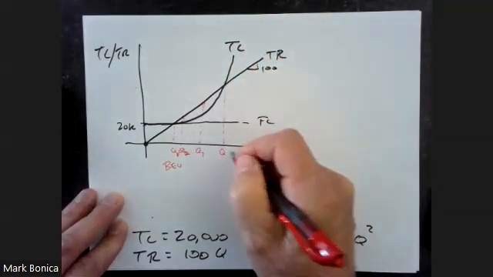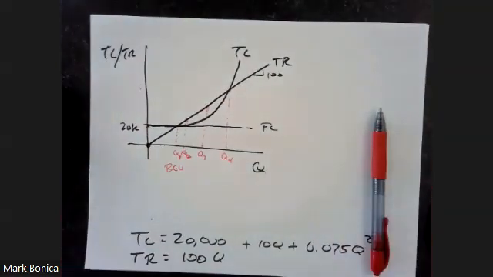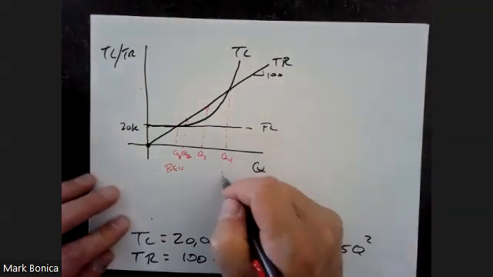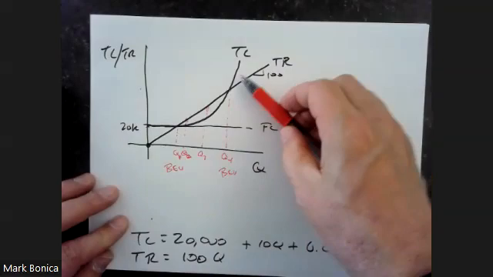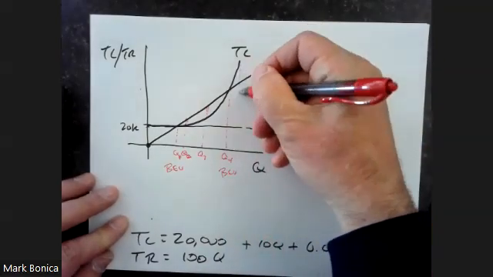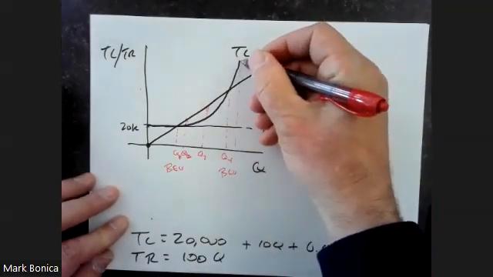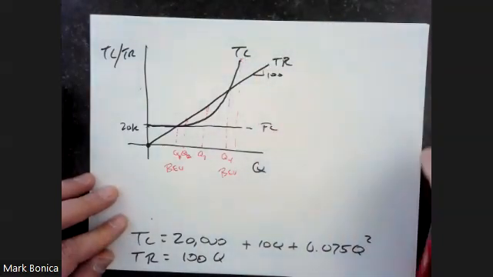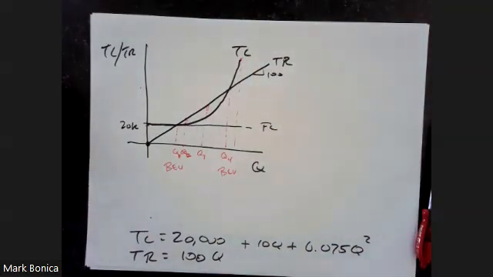Let's call that Q4. When we get to Q4, we have another break-even point, right? But this is not a happy break-even point. Because after Q4, if I draw a line up, the point on the total cost curve where that line crosses is now above the total revenue curve, which means we're spending more money to make the things than we are bringing in, right?